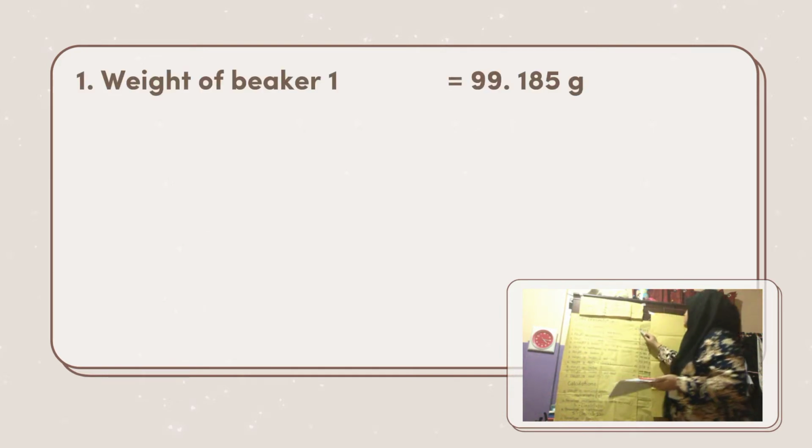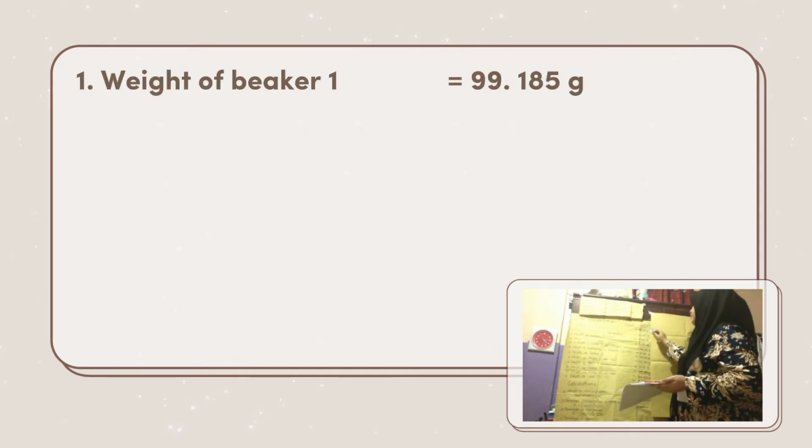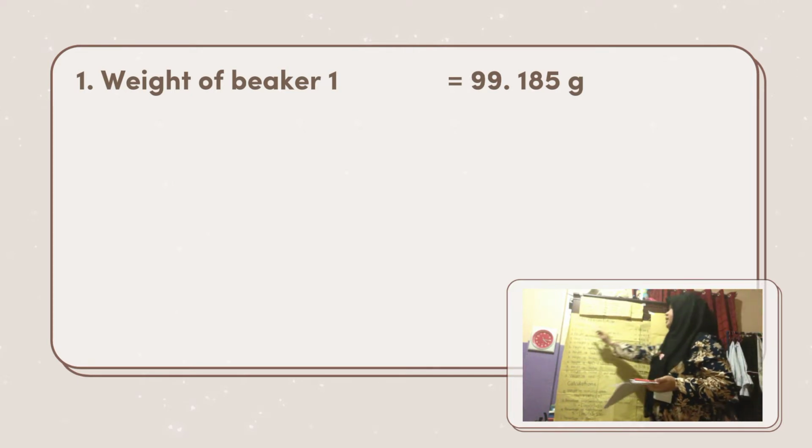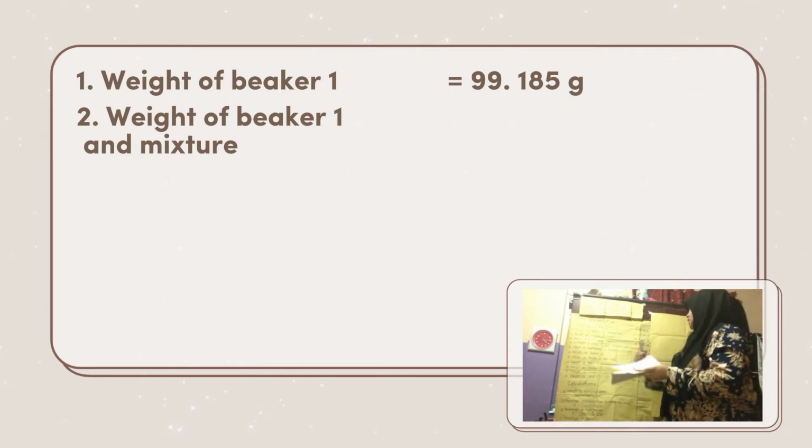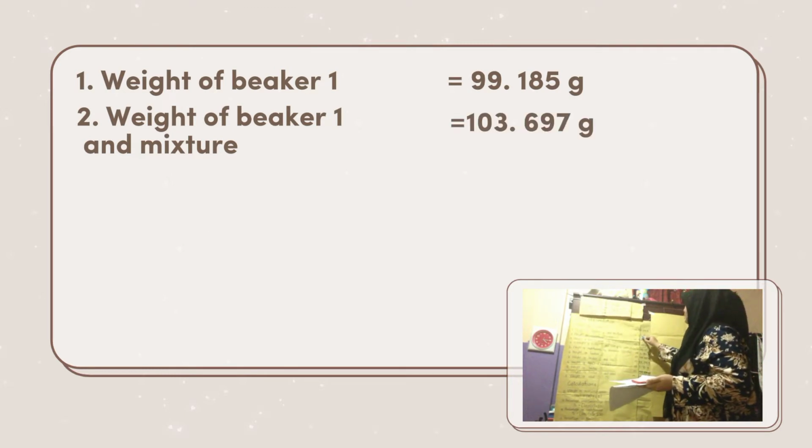First, we have the given weight of beaker 1, which is 99.185 grams. Weight of beaker 1 and mixture, so we combine it, is 103.697 grams.